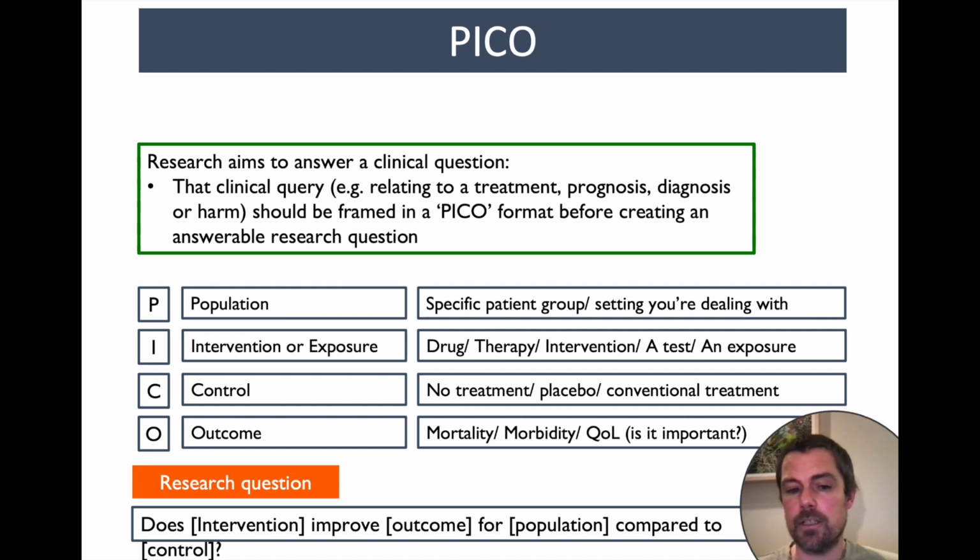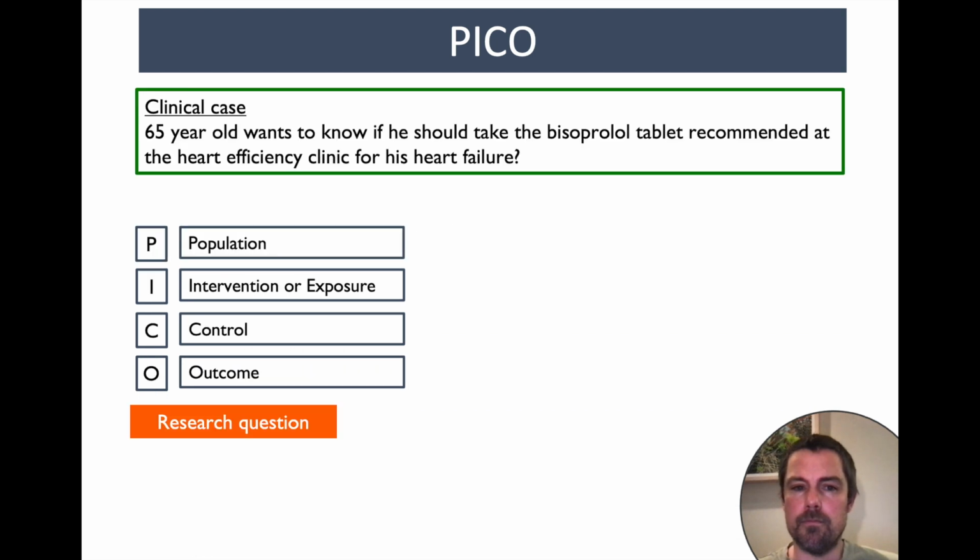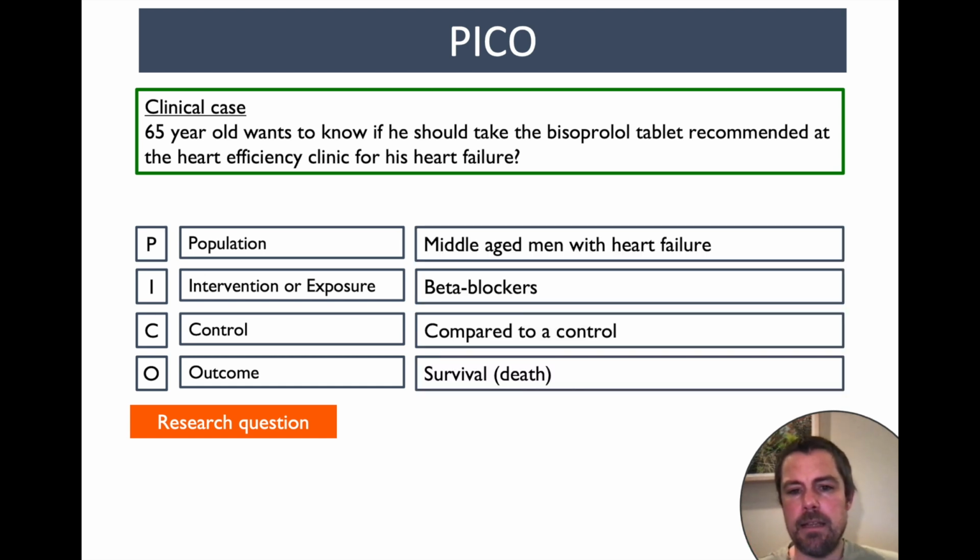In terms of control, the control doesn't have to be placebo or no treatment. It could be conventional treatment. So let's say we have someone in their 60s who's taking a beta blocker, and they want to know, do I really need to take this? And you say, okay, I'm going to look this up. There might be a systematic review of randomized trials here, but I'm going to try and come up with a PICO. So the population would be middle-aged men with heart failure.